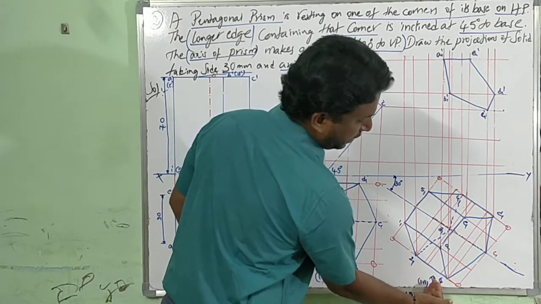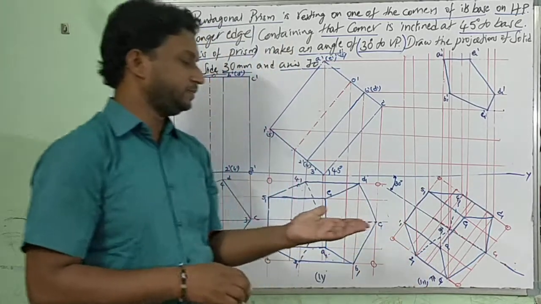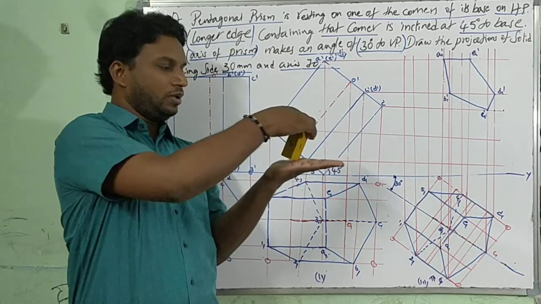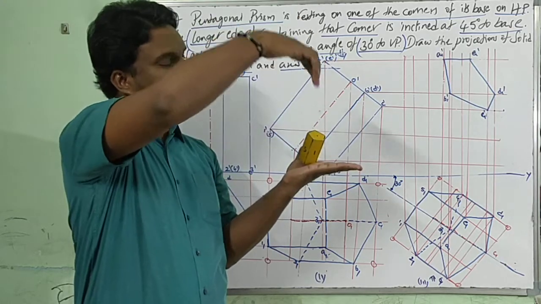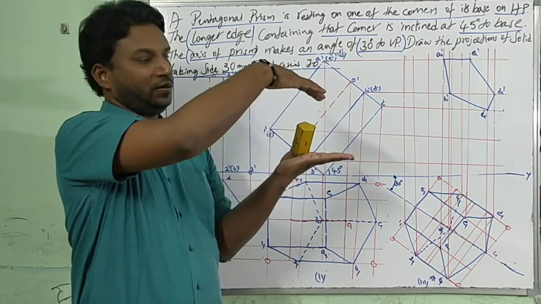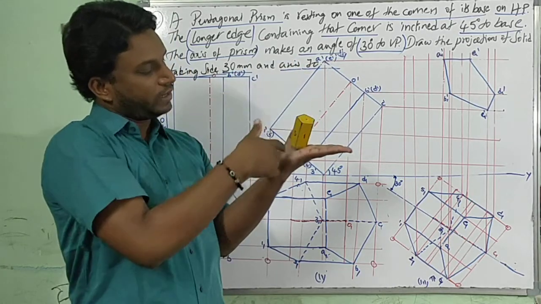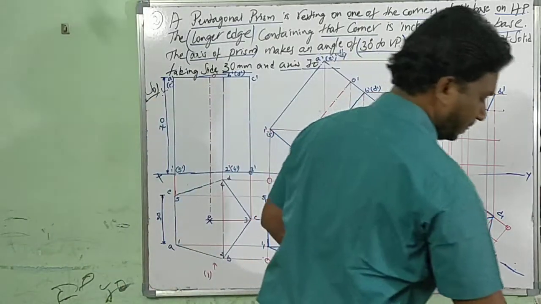When I am looking from here, right? See, I can just show you that. HP corner at 30 degrees. When I'm looking from there, what I can see is entirely thick. Now with respect to the corner, I will show you how to draw the hidden lines.